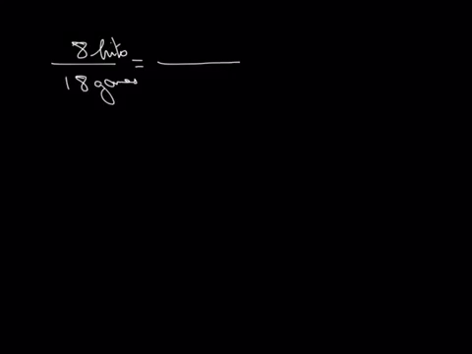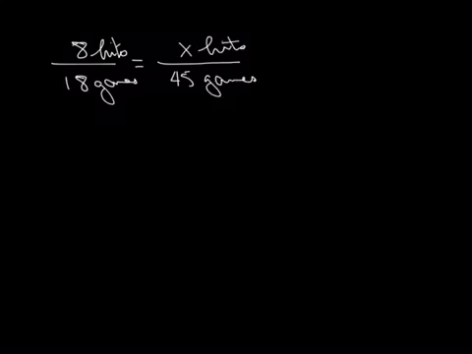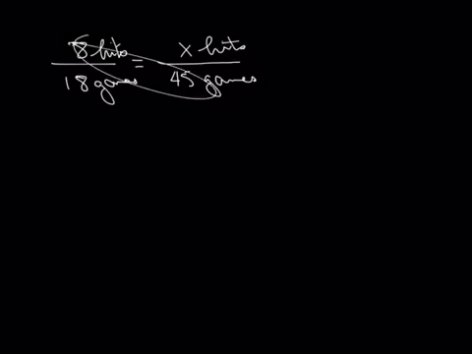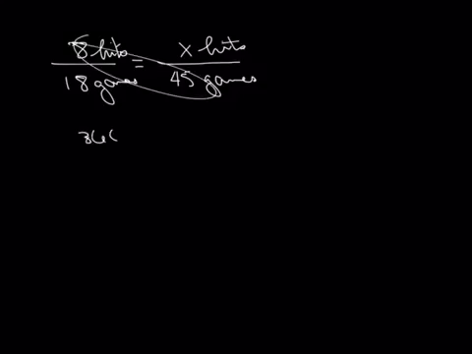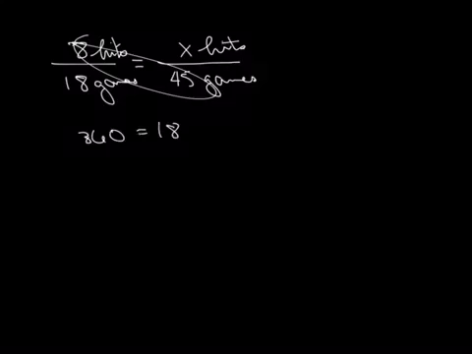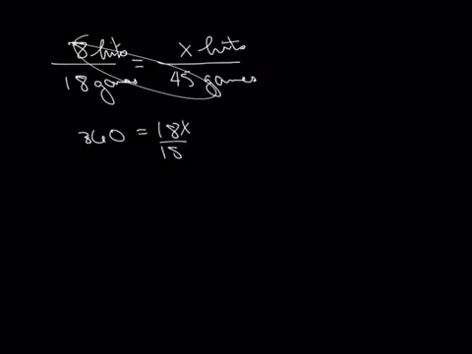If he continues at the same rate, how many hits will he get in 45 games? So 45 goes down here with the other games. And we're looking at how many hits he gets in 45 games. So you multiply 8 times 45, 360 equals 18x, divide by 18, divide by 18, cross those out, x equals 20.